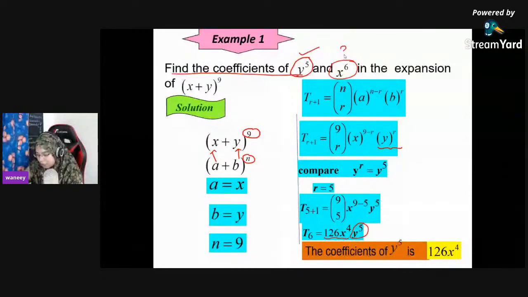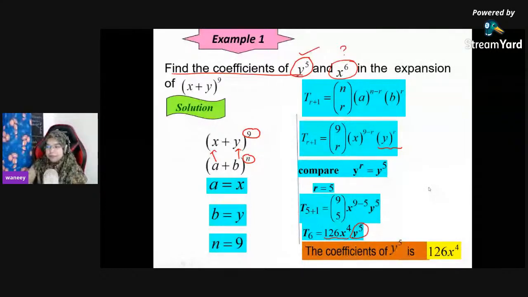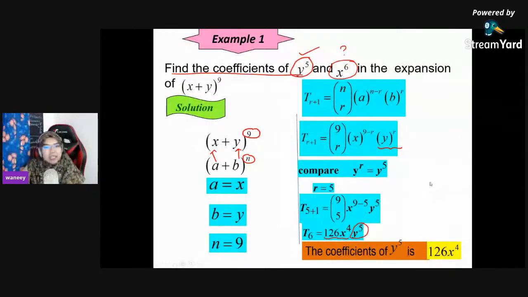So 3 minutes starting from now. If you have the answer, you can write it down over there.